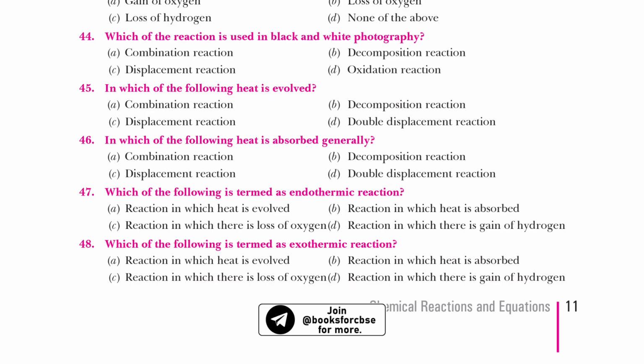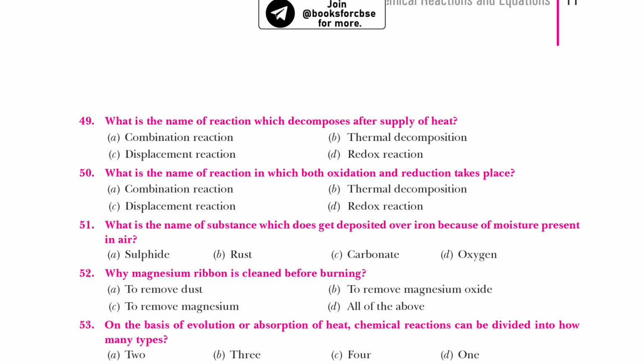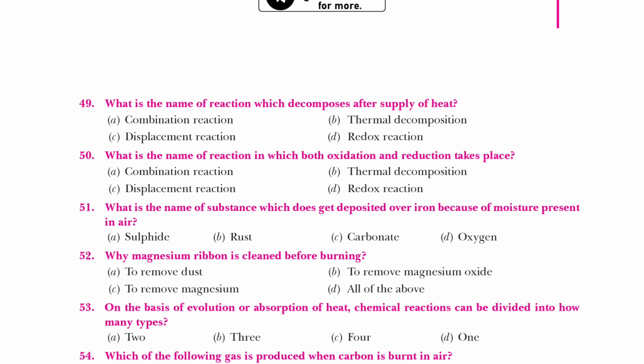Option A1 is correct. Question number 50. What is the name of the reaction which decomposes after supply of heat? These are thermal decomposition reactions, B1. In the 50th question, what is the name of the reaction in which both oxidation and reduction take place? These are redox reactions.